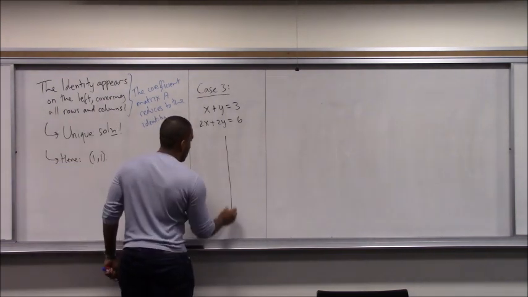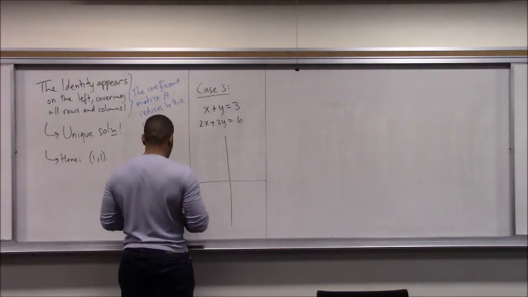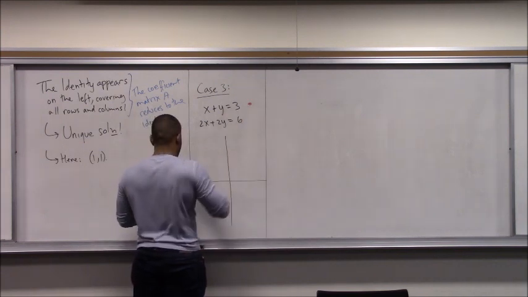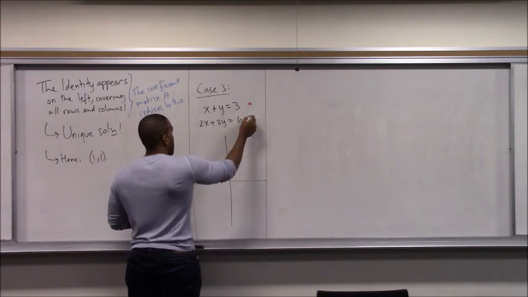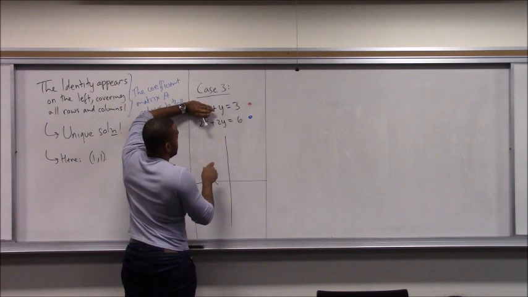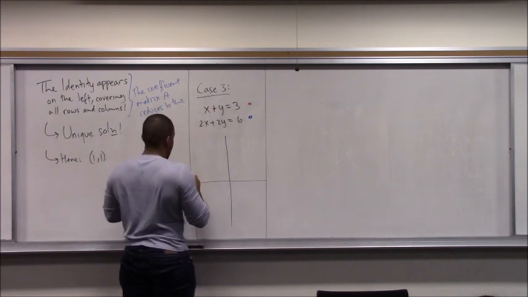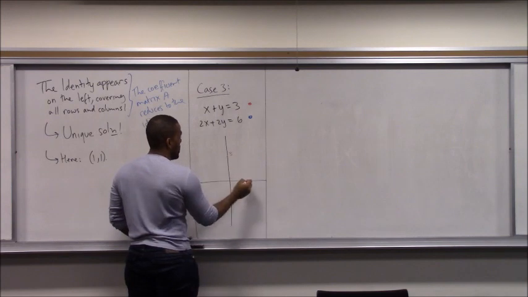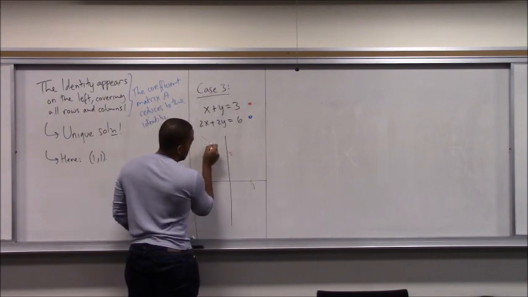Now, graphically, if I were to graph these, this be the red line, and that be the blue line. Well, x equals 0 gets y equals 3, and y equals 0 gives x equals 3, so this goes through 3, and the line looks like that.